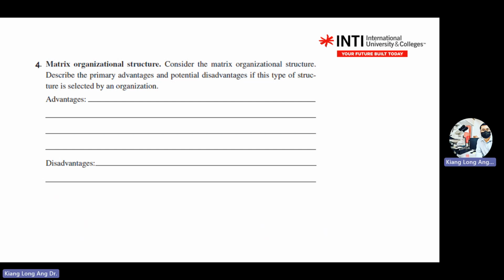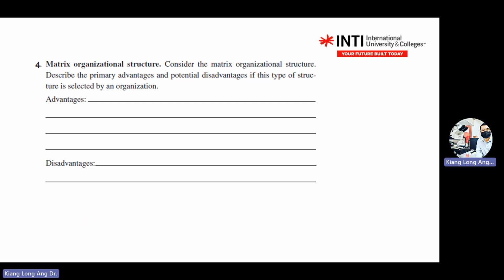Okay, here the advantage is the project manager. The role of the project manager will be coordinator. And what is the benefit to the project manager in this matrix? They have more authority compared to the traditional one. So you touch on the project manager here, the P component.